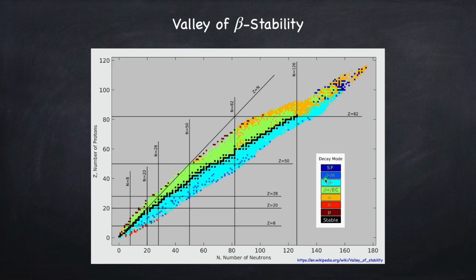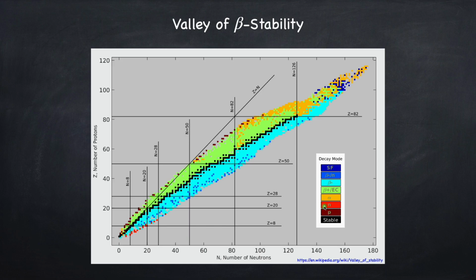In reality, almost all of the unstable nuclei can undergo various decay modes. What's being plotted here is the most likely decay mode. So these medium blue dots correspond to nuclei where beta decay and neutron emission are more or less equally likely. But if you're really far away from the valley of beta stability on the neutron-rich side, you also have these red dots, and that corresponds to neutron emission.